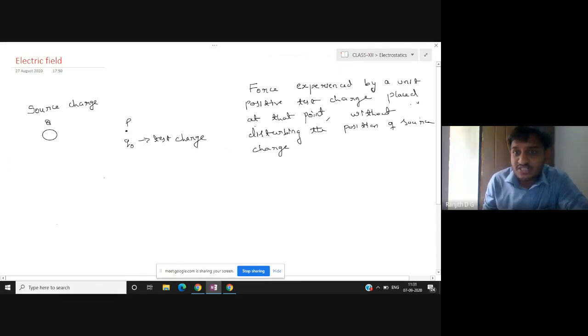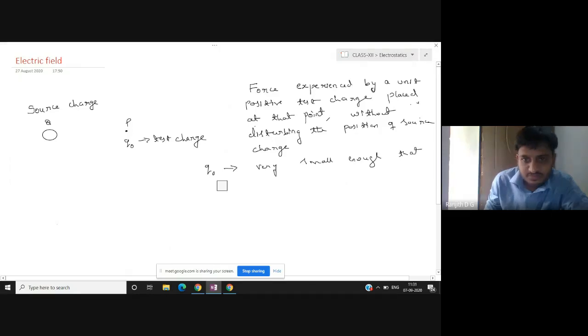That is why the test charge Q naught should be very small, small enough that it won't disturb the position of the source charge.